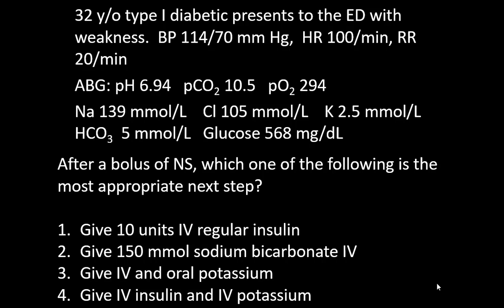After a bolus of saline, which is the next most appropriate step? 1, 2, 3, 4. 3, right? Why not 4? Because insulin will drag the potassium inside, and your potassium is 2.5 and your patient has weakness.